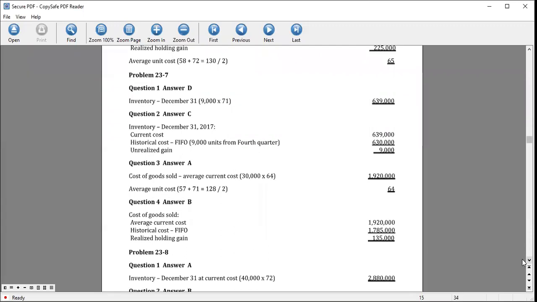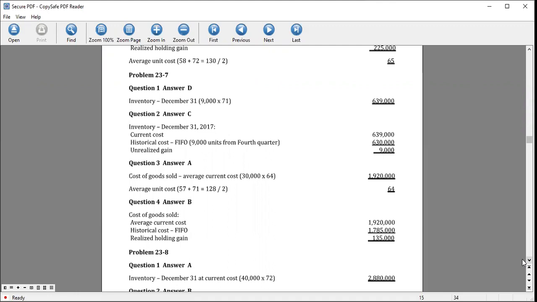Okay, so in question number 3, we are asked to determine the cost of goods sold for the current year at current cost, and in number 4, determine the realized holding gain.